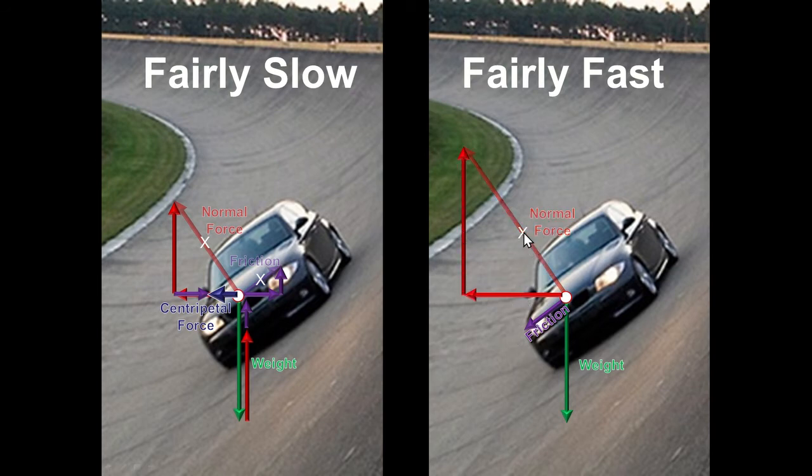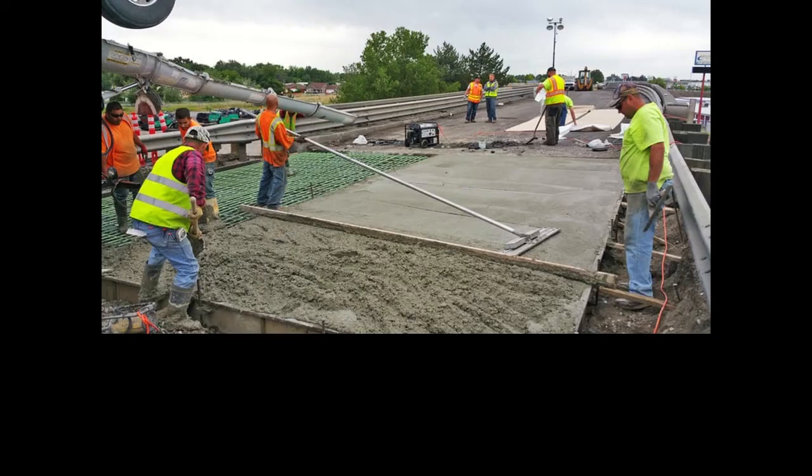So those two became, or that one became those two. This one becomes these two. So that cancels out. In the up and down direction, it's in equilibrium, but in the horizontal direction, this force and this force add together to give you a really large centripetal force. And that's kind of more of a complicated free body diagram.